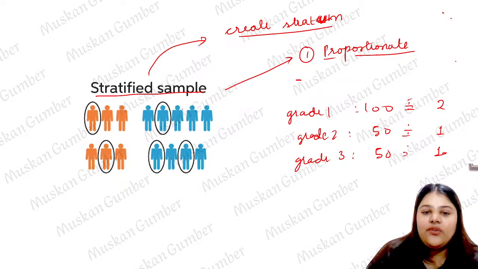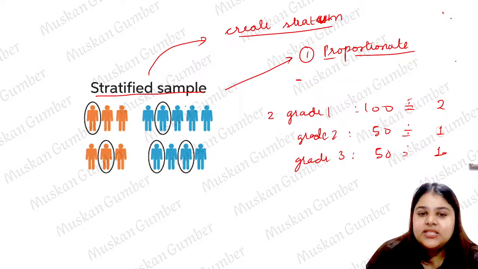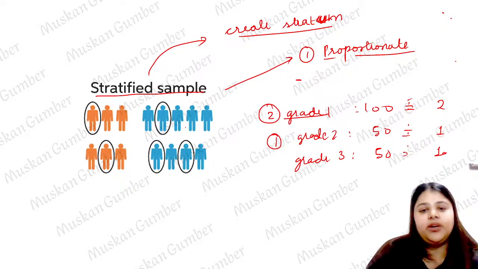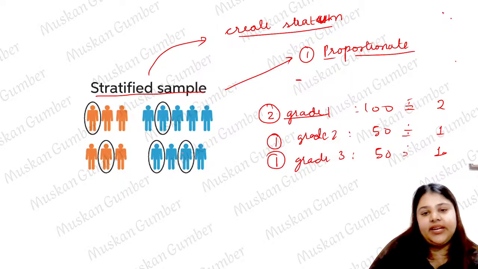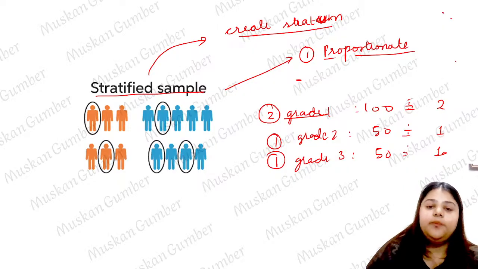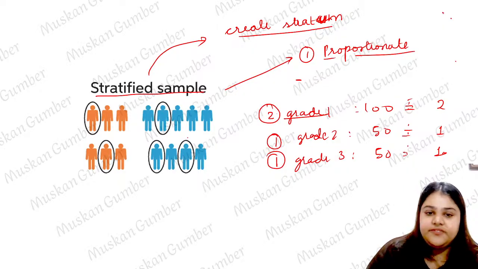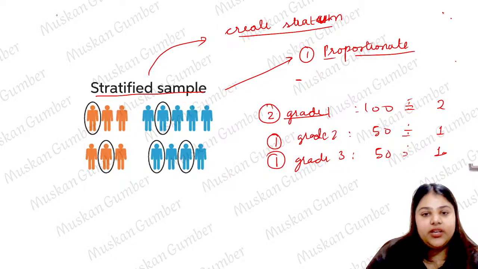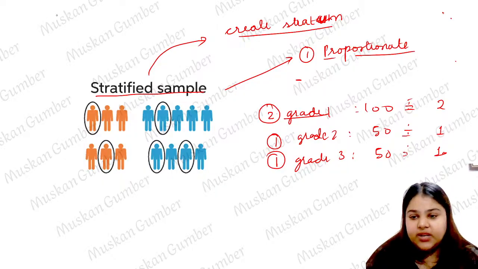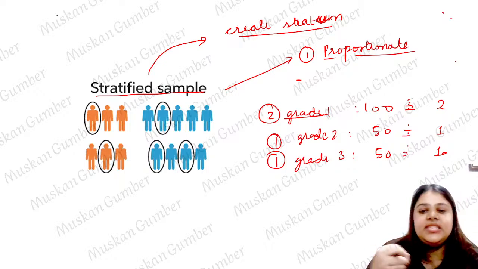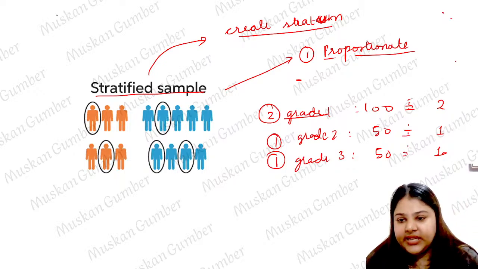So for every 2 participants selected from grade 1, only 1 participant from grade 2 and 1 participant from grade 3 will be selected or drawn. This is known as proportionate stratified sampling.